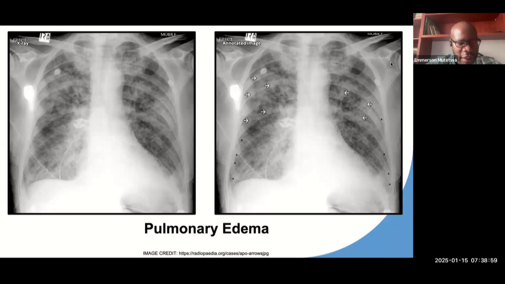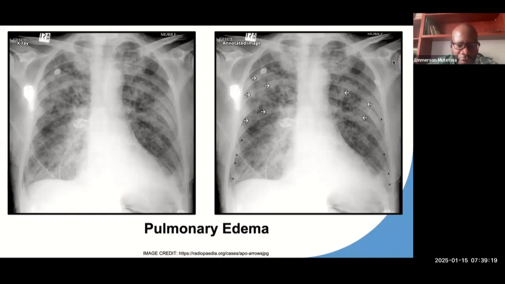So if you look at these radiographs, the white arrows you see are pointing towards interstitial edema in the patient. And sometimes you can see a bat wing presentation on chest x-ray.